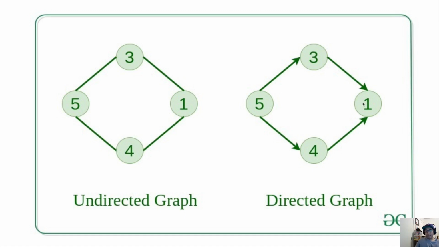But if I go back to the undirected graph, I can go 3, 5, 1, 4, and then back to 5. Again, undirected graph, no direction. Directed graph, you have to follow a specific direction on the edge.